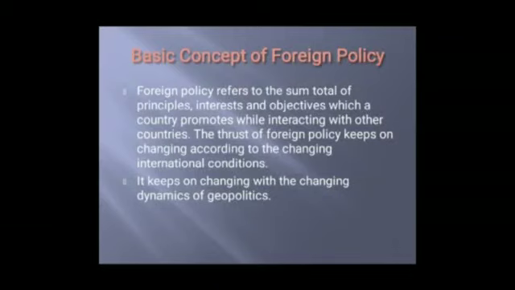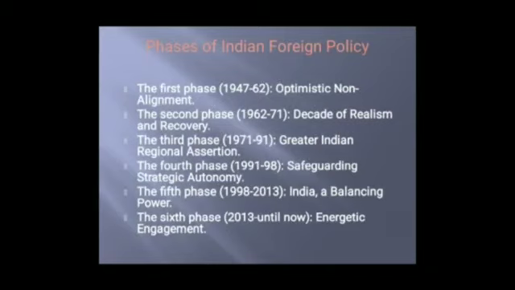This is the basic concept of foreign policy. And it also keeps on changing with the changing dynamics of geopolitics. The Indian foreign policy has many phases. As it shows, the first phase, from 1947 to 62, optimistic non-alignment. Now, what does this period say and mark? We'll be doing it later in the video.